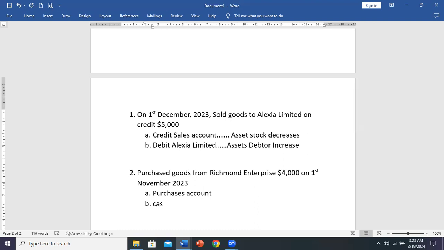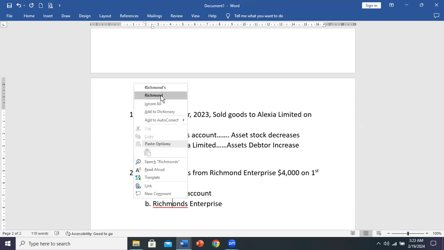Cash account, right? Is it cash account? So I was just teasing your brain. We would open purchase account and Richmond's account or Richmond Enterprise account.